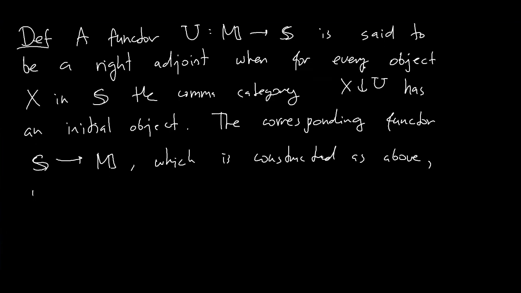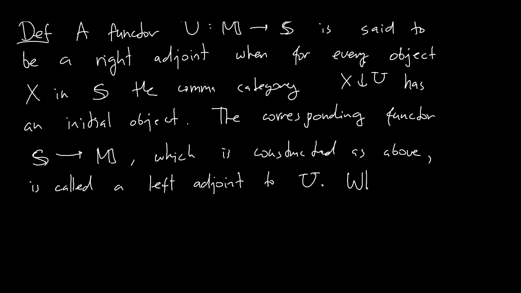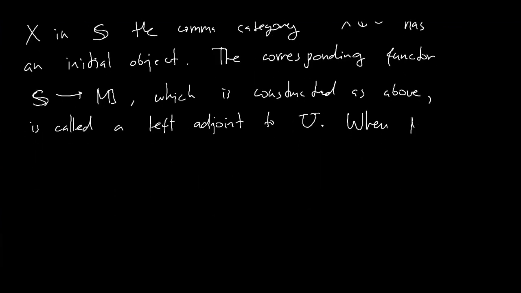So this corresponding functor is called a left adjoint to U. When M and S are categories of mathematical structures, let me give a name to this functor, the corresponding functor going backwards.